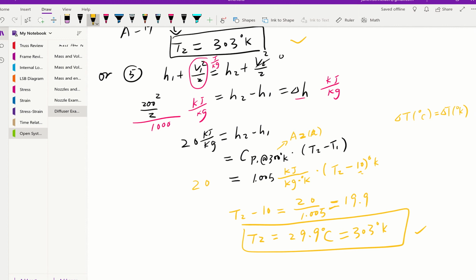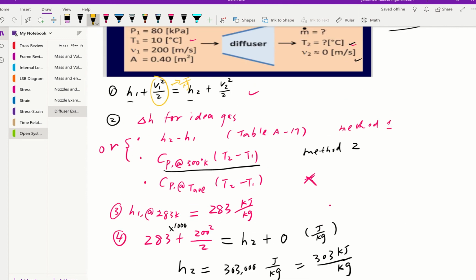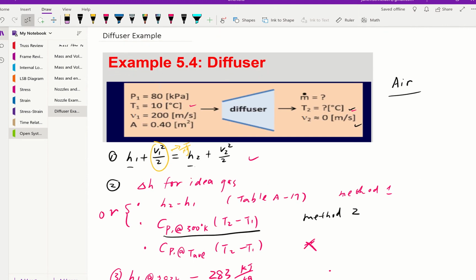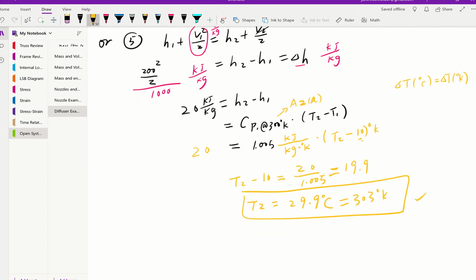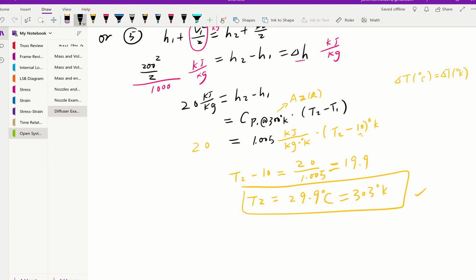Okay, so now you figure out your T2, but we still need to figure out one more unknown, which is mass flow rate. Let's go back to thinking about how we solve mass flow rate. We have a formula for mass flow rate, which is volume flow rate divided by specific volume. If we are looking at the inlet, we're going to add a subscript 1, right?